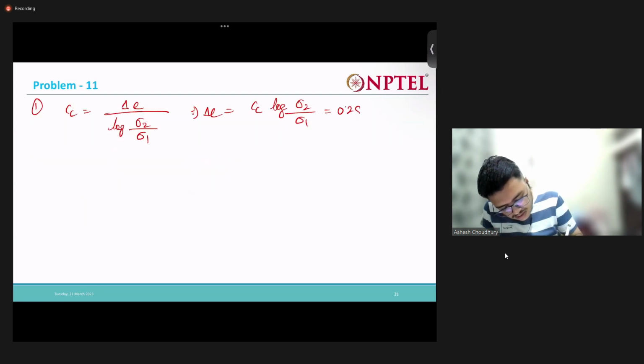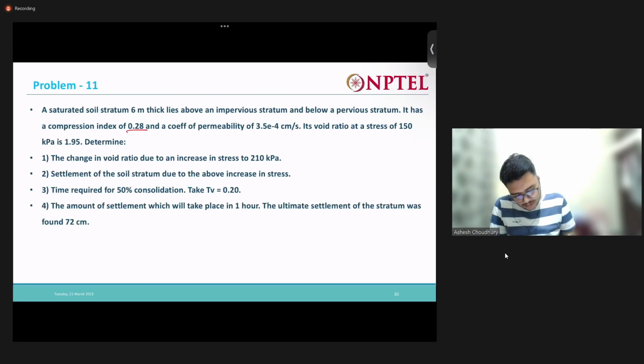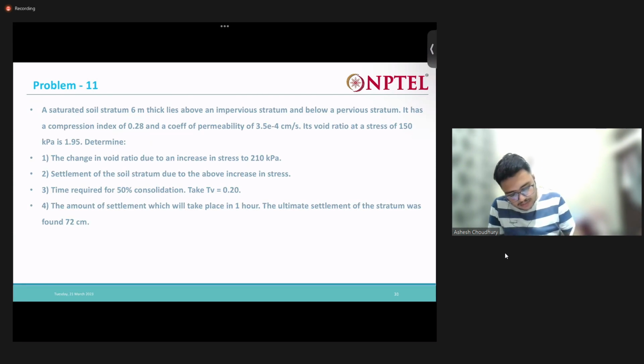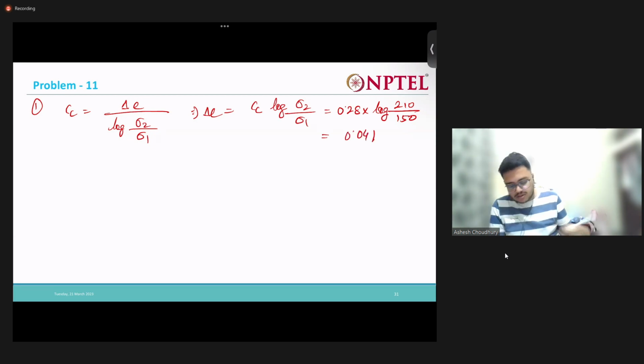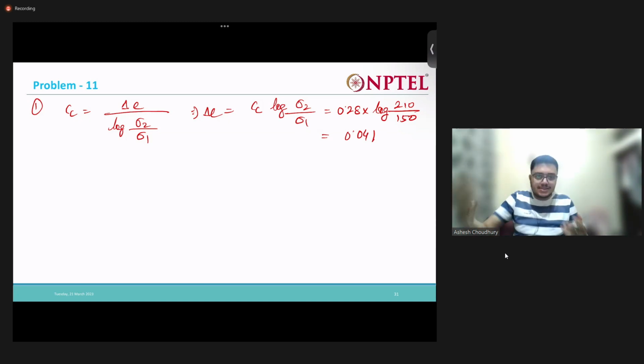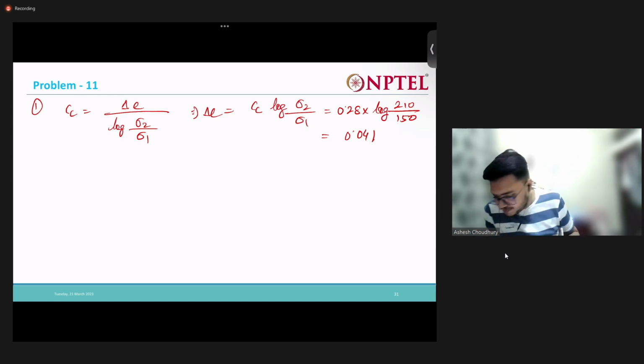So 0.28 into log of 210 by 150, it comes out as 0.041. So with increase in the stress from 150 to 210, my void ratio will reduce by 0.041. This is the change.